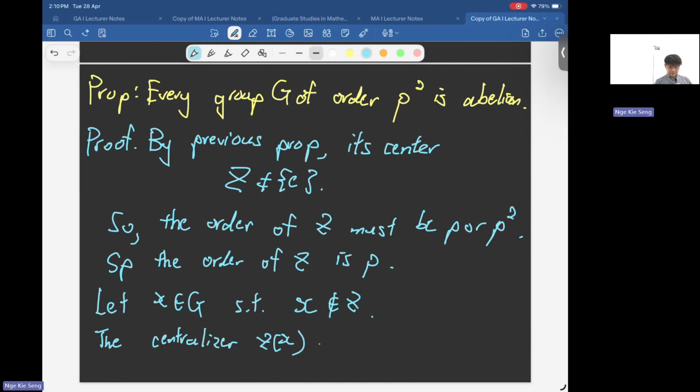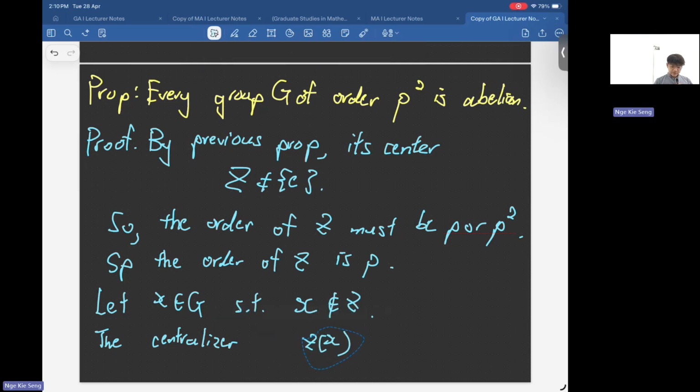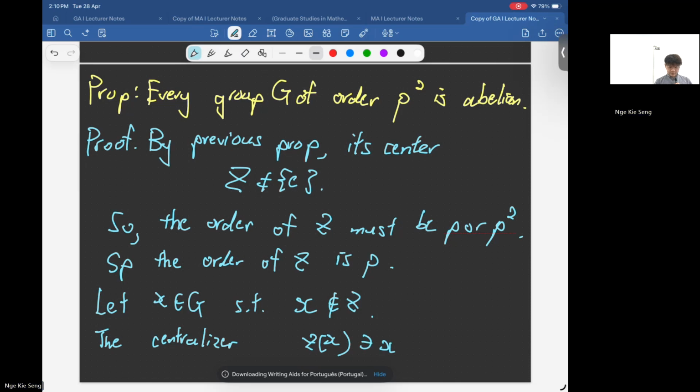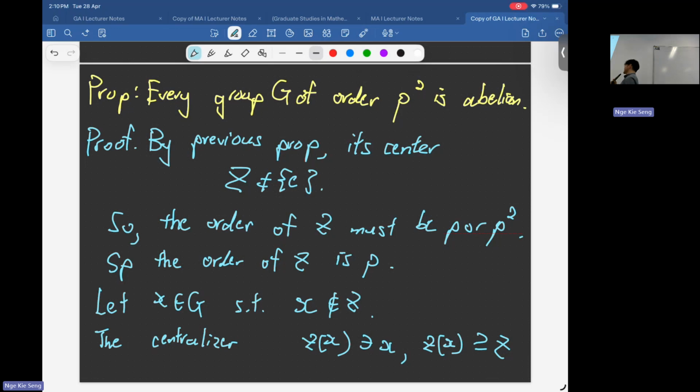In particular, this centralizer should contain x. At the same time, this centralizer should contain Z. Note that I use contains for two types of things here. One is element, one is subset. So be careful. This is a mistake that other grades will make as well, because they heard their teacher say contain, so they also say contain. They don't know what is the element or what is the subset. So be careful when we talk about elements or subsets.